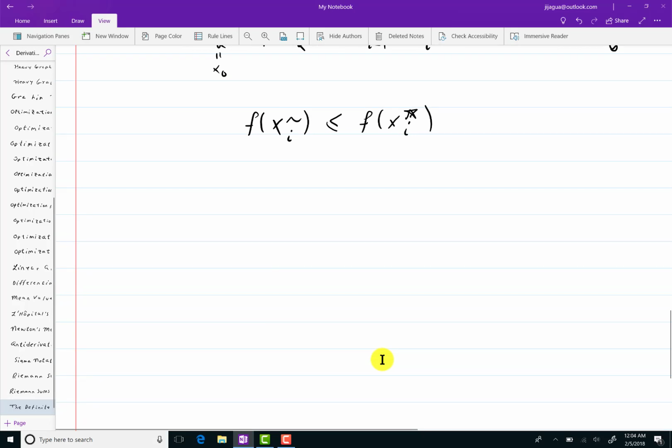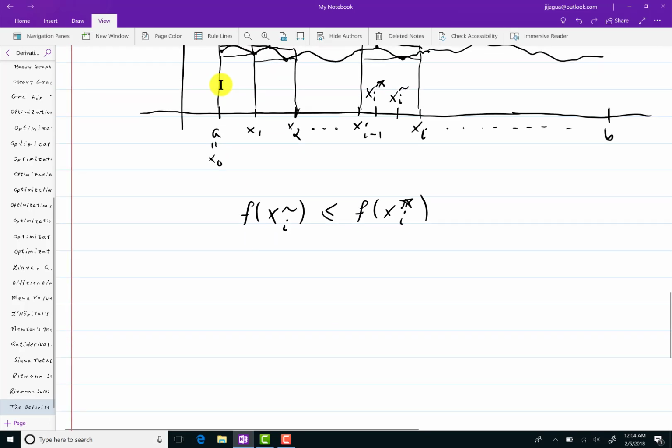Thus, if you do that for the entire thing, x0 to x1, x1 to x2, and so on, then before I get to the sum, for each of these inequalities I can multiply both sides by the positive number delta x sub i.